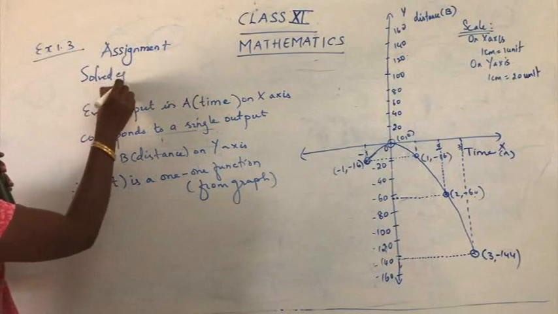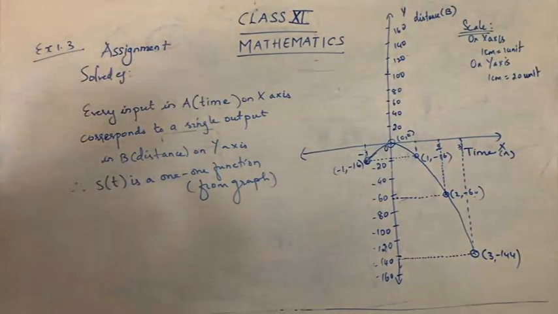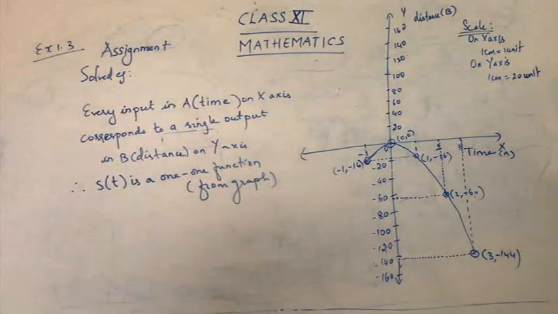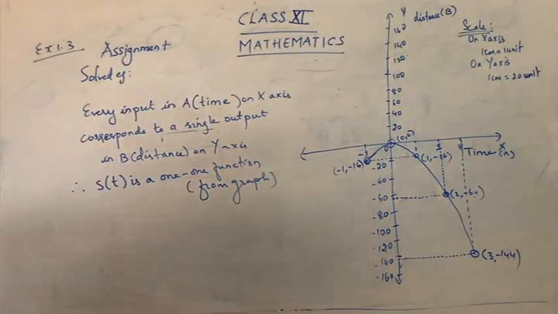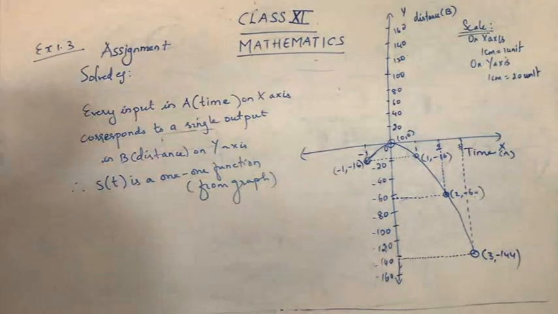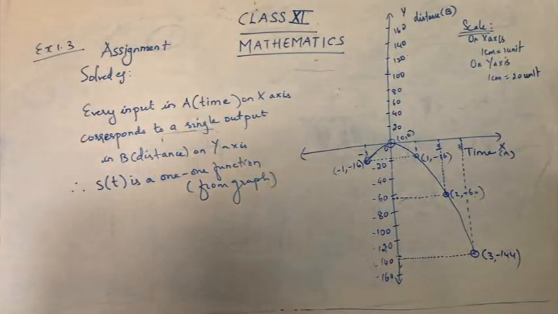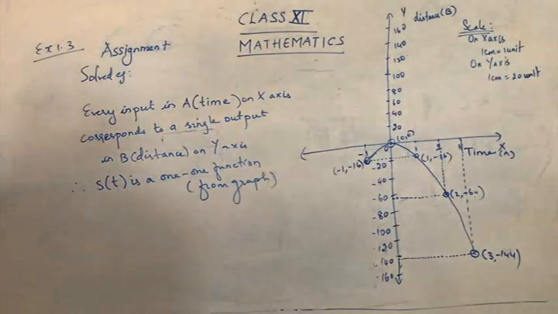I am just focusing on solved examples because all the classwork and the exercise sums are covered here. I am just going through some sums and you are doing some sums from the exercise as homework. So I want all the solved examples to be covered, and the solved examples are also asked in the questions. So we have a combination of exercise sums and example sums. I am giving importance to solved examples.